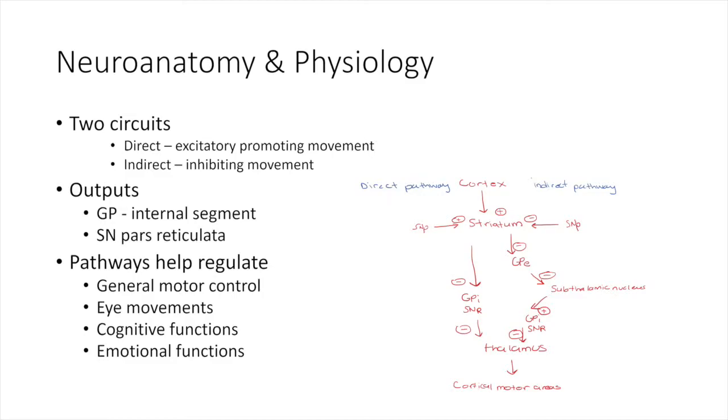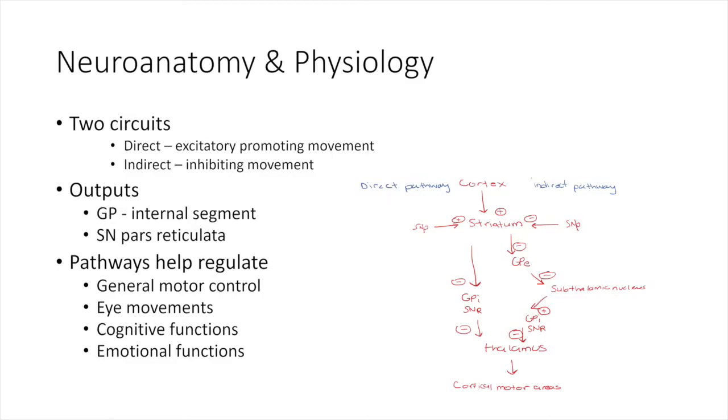And it's the balance between these that's really important with regard to Parkinson's disease. Now, once these neurocircuits carry out their effects, there are some key outputs that they communicate to. So they communicate to the globus pallidus internal segment and the substantia nigra pars reticulata, which in turn communicate to the thalamus, and hence to the various regions that are then involved with movement.